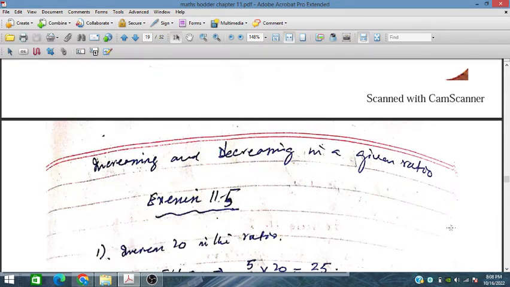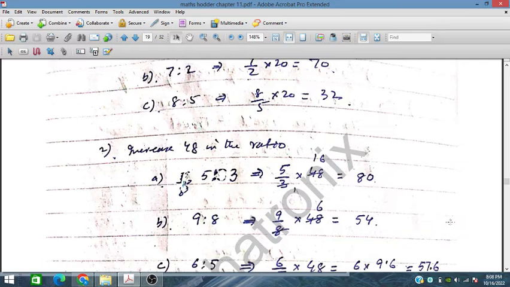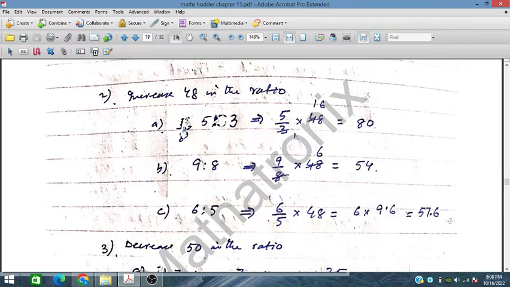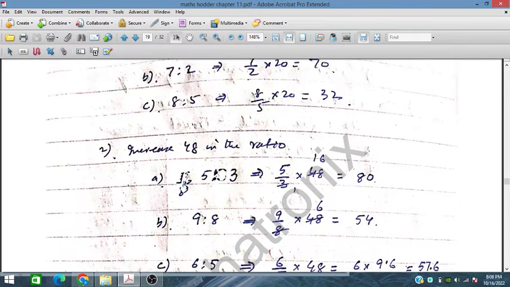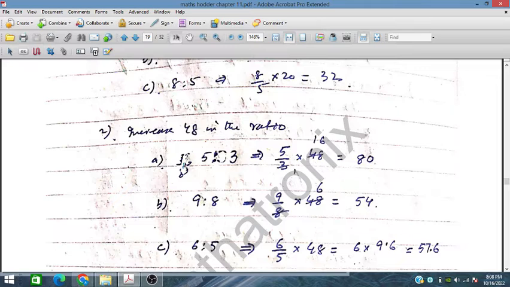Increasing and decreasing in a given ratio. Increase 48 in the ratio 5 by 3: 5 by 3 multiplied by 48 is equal to 80.